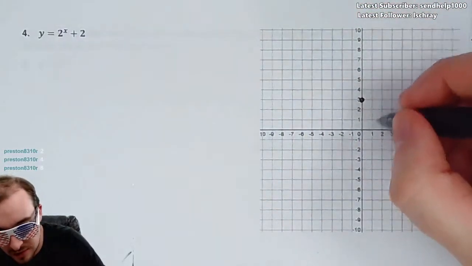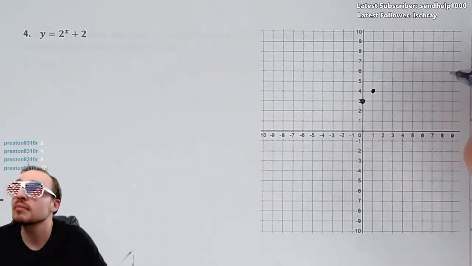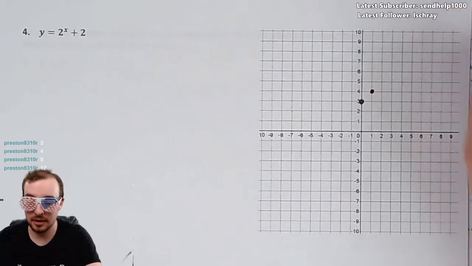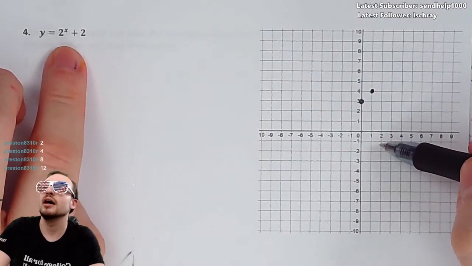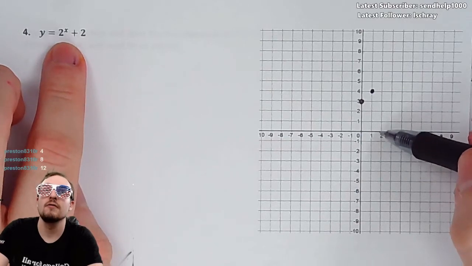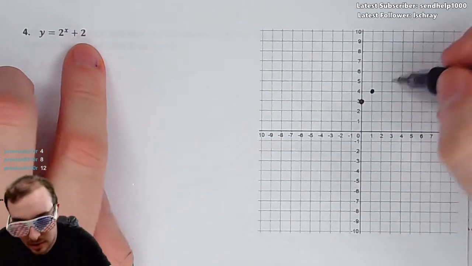Then I add 2 more, which is 4. So 1 gets me 4. Plug in 2. What's 2 squared? 4. Add 2, we get 6.